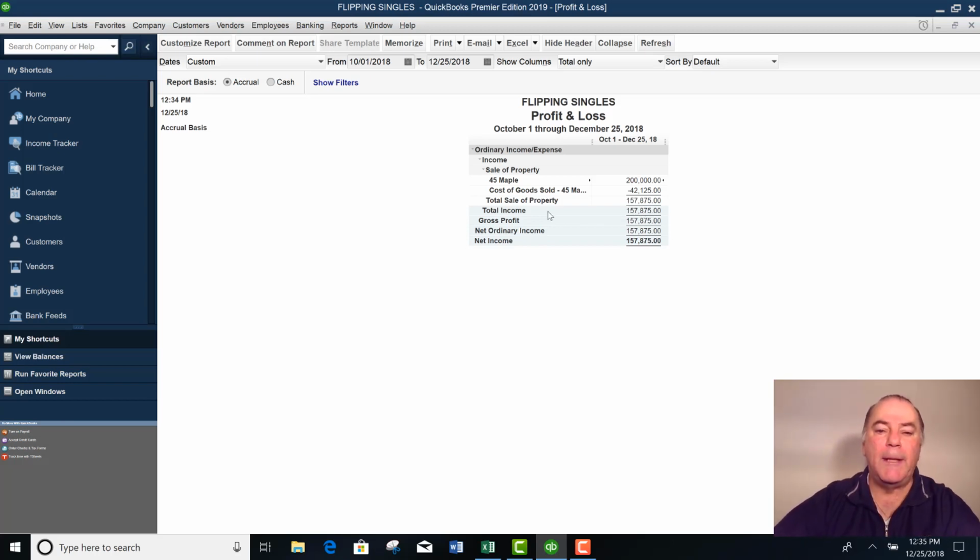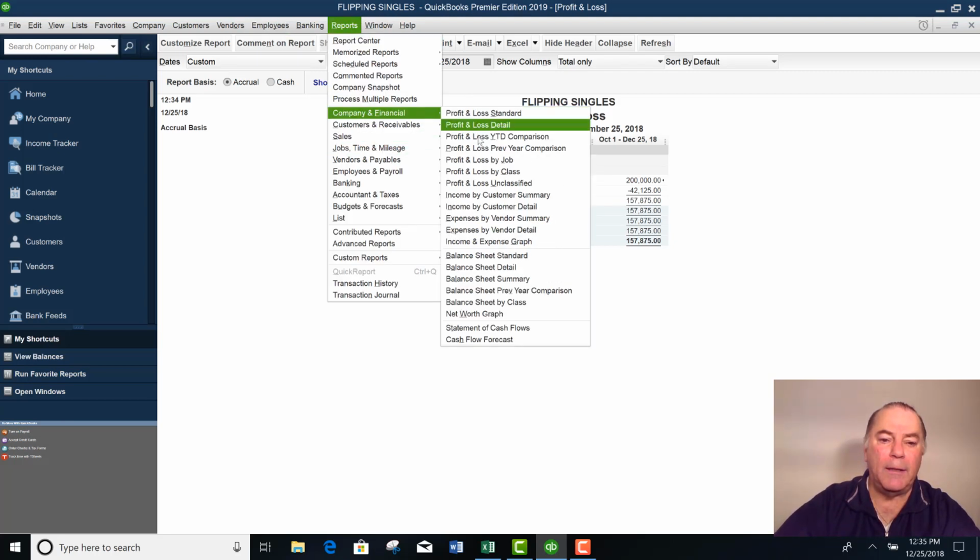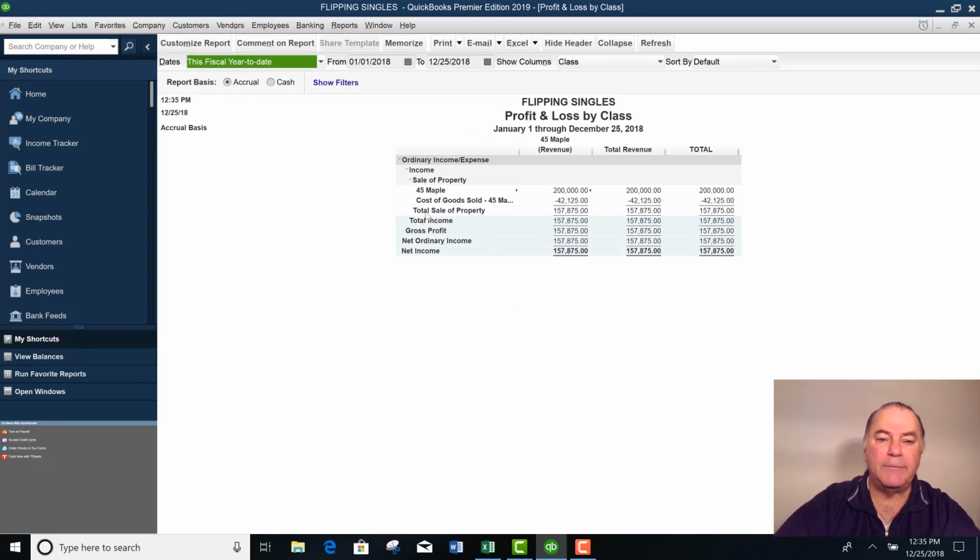But all of that would fall below the gross profit line and into the general expenses. But let me also show you the reports by class, profit and loss by class. Here you see 45 Maple Street. As we brought it over into the revenue side, we had to clear out all of those classes that we had.